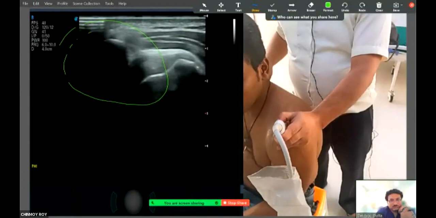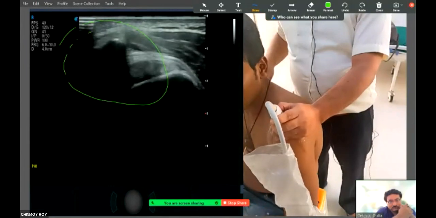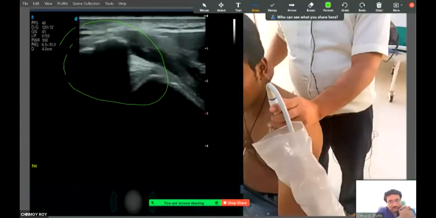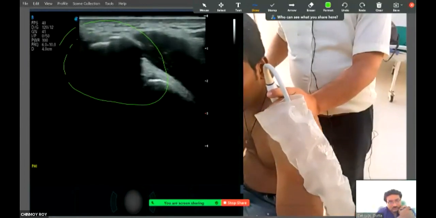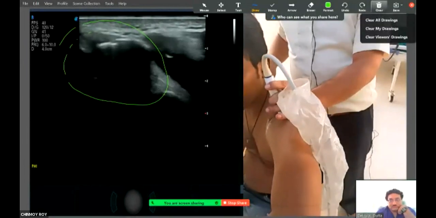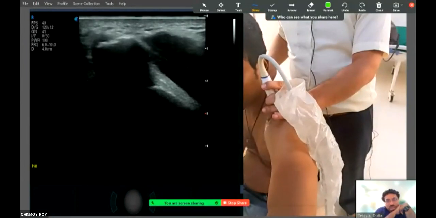Again I show you, if you have understood. It will go just below the acromion. Here, a bit more, here only the patient will feel pain. This insertion of the greater tubercle under the acromion will not be smooth.